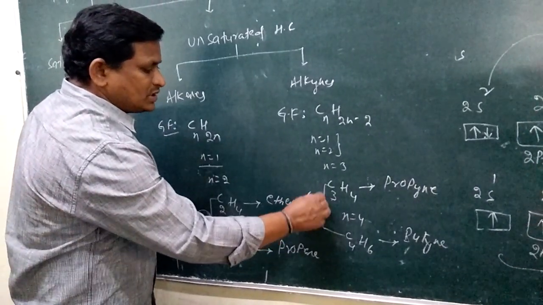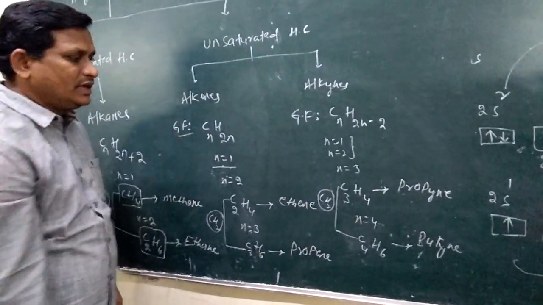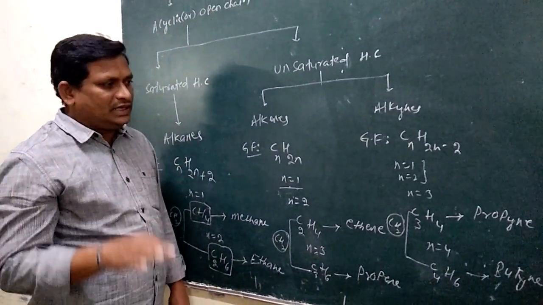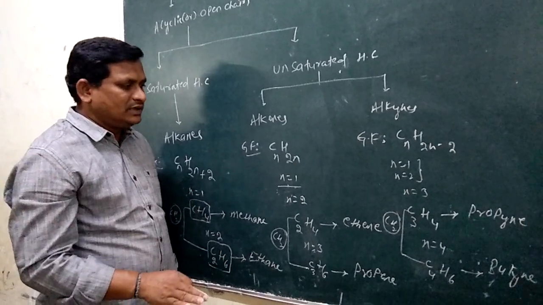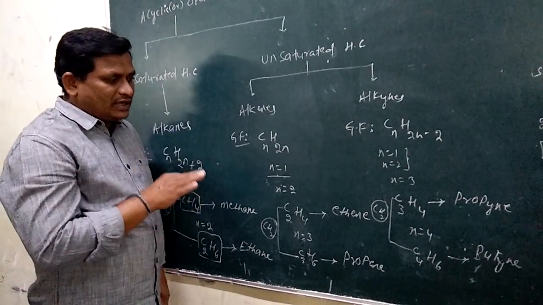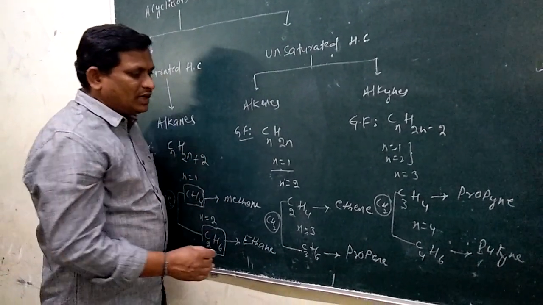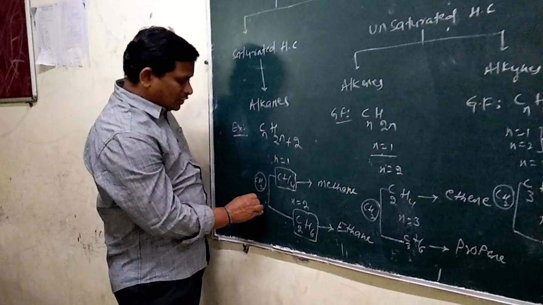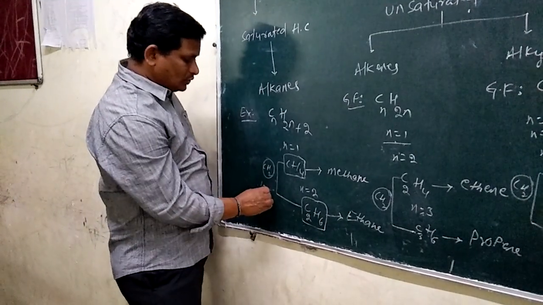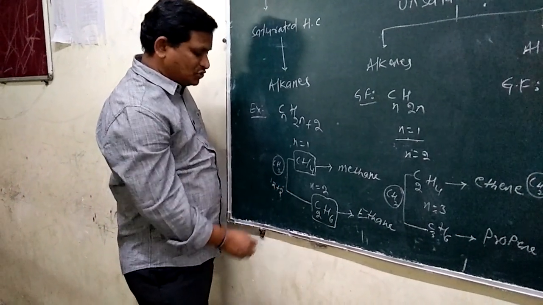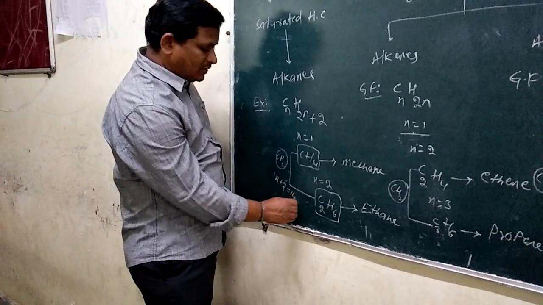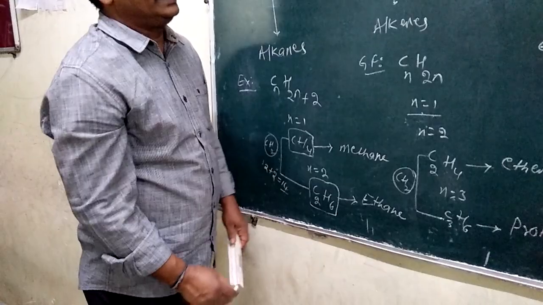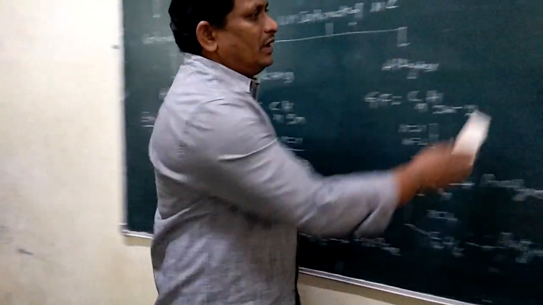In terms of molecular weight, carbon atomic weight is 12 and 2 hydrogens is 2, so the total differs by 14. It's called homologous series.